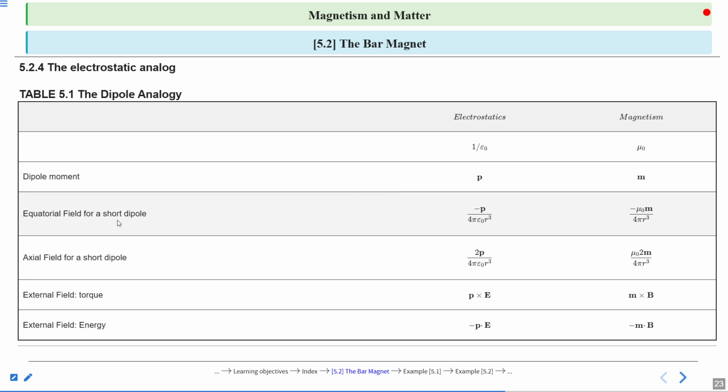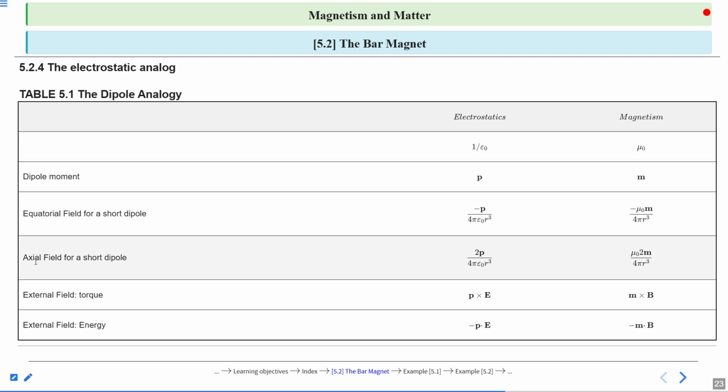So the equatorial field for a short dipole, or at a large distance, is minus P upon 4 pi epsilon naught r cube for electrostatics, and minus mu naught M upon 4 pi r cube in the magnetism chapter.